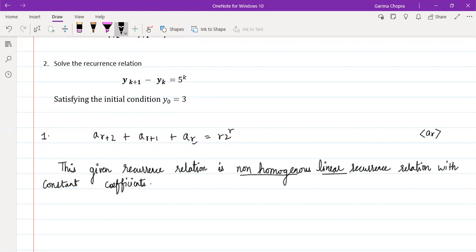For finding the homogeneous solution, we will consider the characteristic equation. Since the order of the recurrence relation is 2, the characteristic equation will be of degree 2, quadratic in nature.